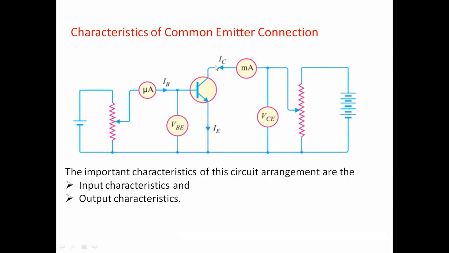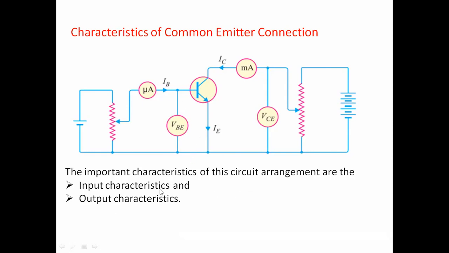The current flowing through the collector is measured using a milliammeter, in terms of milliamps. The voltage across the collector and the emitter is measured by a voltmeter, that is VCE, and the voltage across base and emitter is given by VBE, base to emitter voltage.